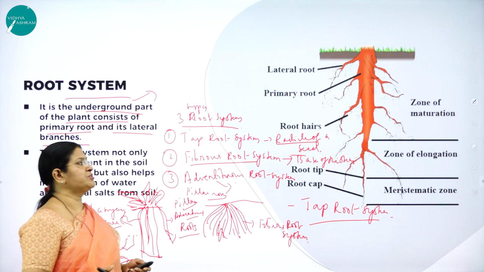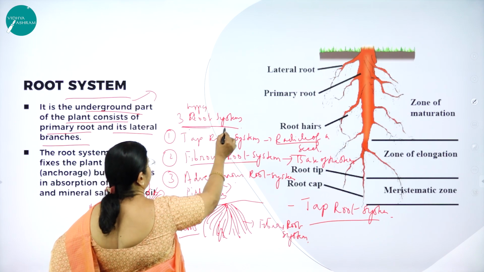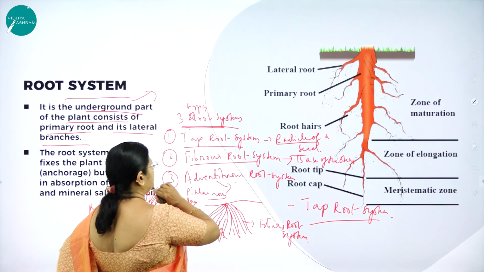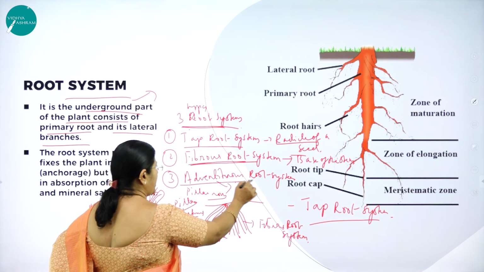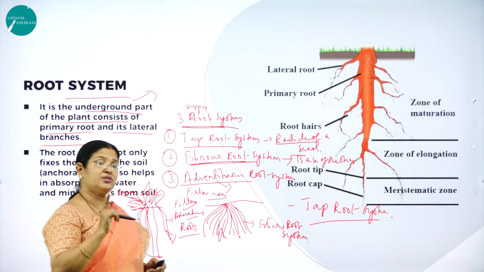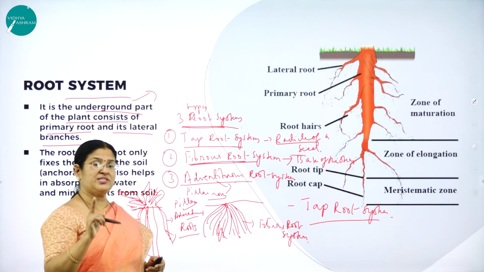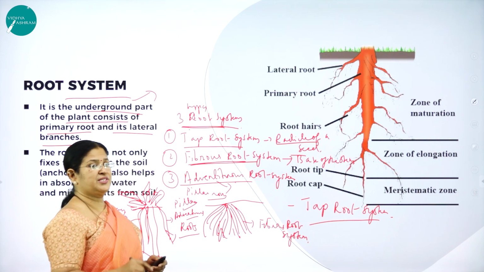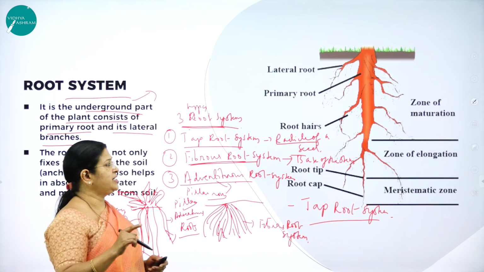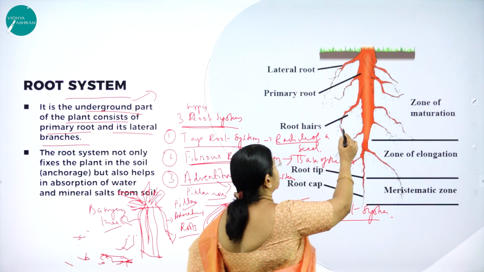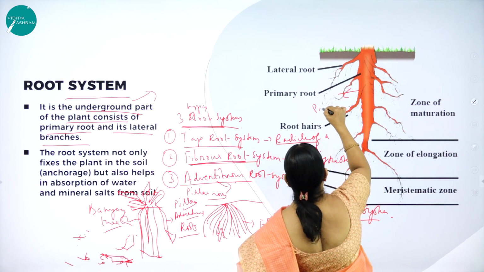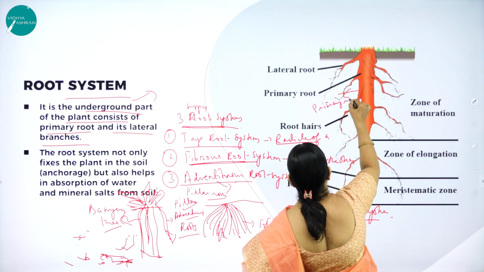So what are the three types of root system you come across? The three types are taproot system, fibrous root system and adventitious root system. What is a taproot system? A taproot system always develops from the radicle of a seed, and it will have a main root called the primary root.